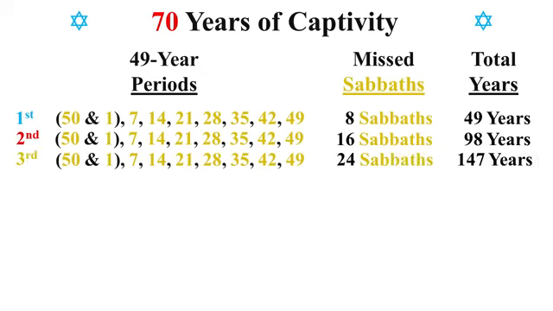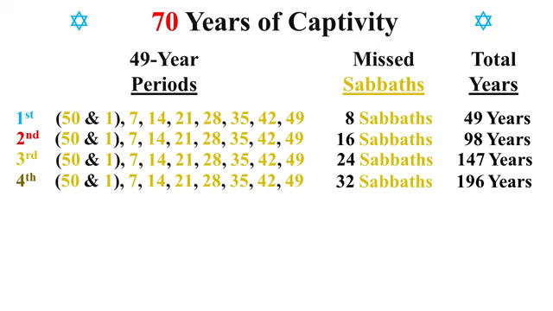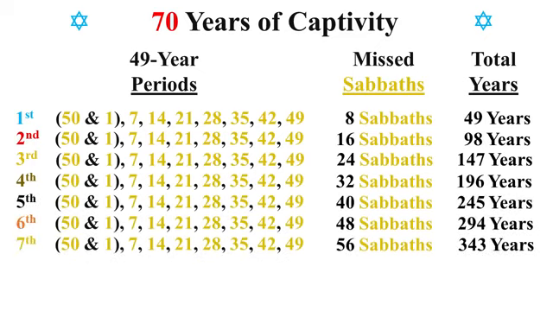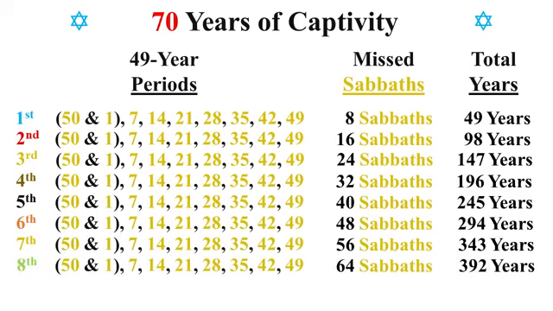In 147 years, they missed 24. Then 32, 40, 48, 56, and they missed 64 Sabbaths in the 392-year period. Well, that's not 430 years. We're still 38 years short of the 430 years that they missed.